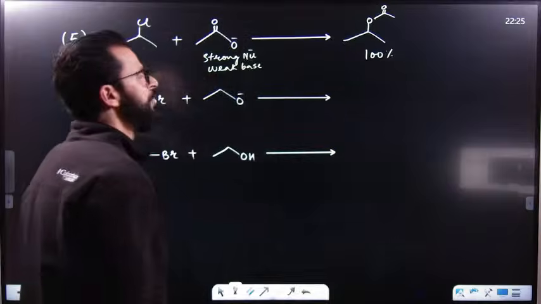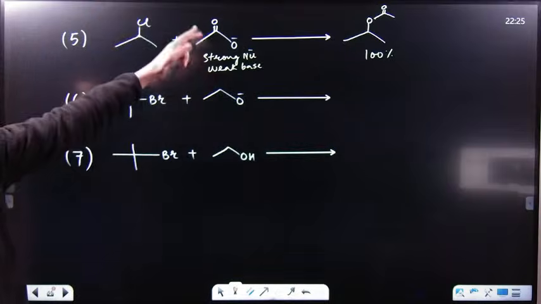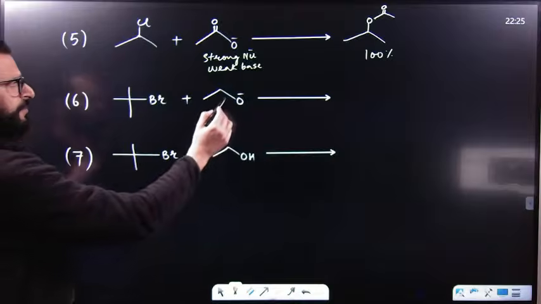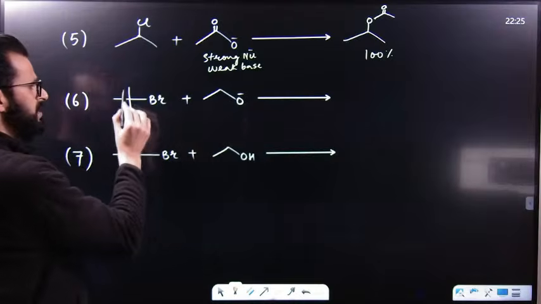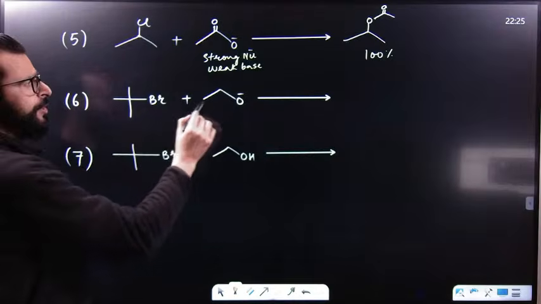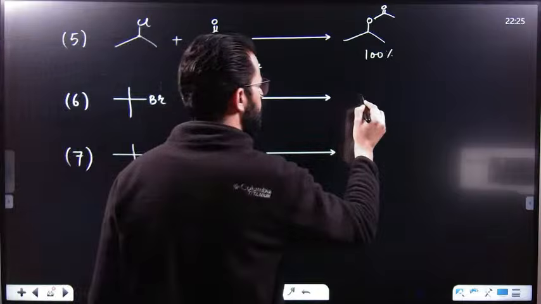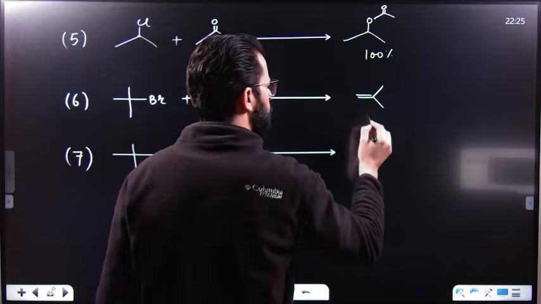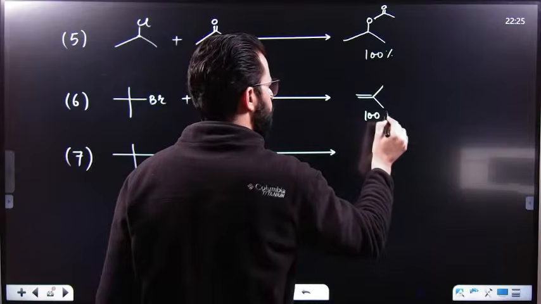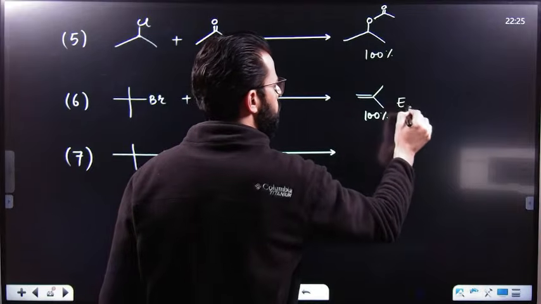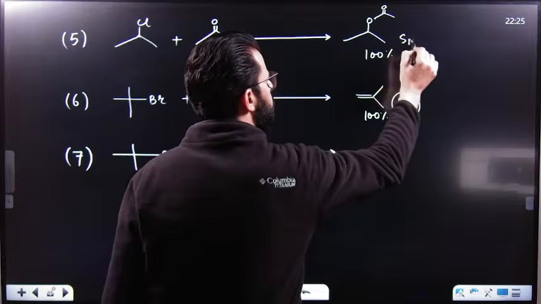Now this will favor SN2 and E2, but as this is a tertiary alkyl halide, it does not undergo SN2, so it will undergo simply the E2 reaction. So this will be 100% E2. This is the E2 product and this is the SN2 product.